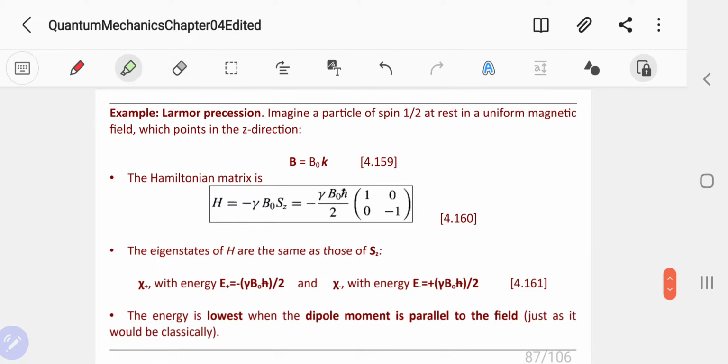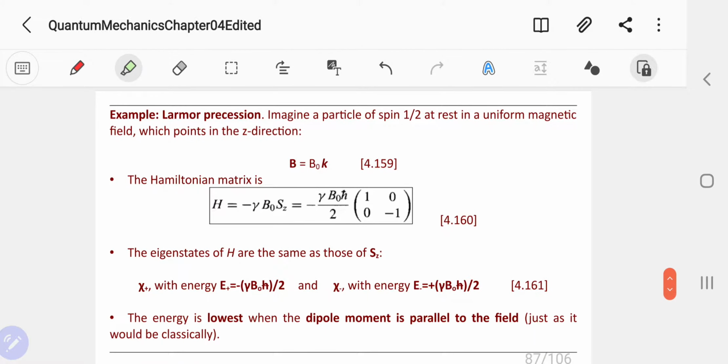So let's proceed with the example for the Larmor precession. Imagine a particle of spin 1/2 at rest in a uniform magnetic field which points in the z direction. So you have the field equal to B equals some constant B sub 0 times k, where k is the direction of the field.